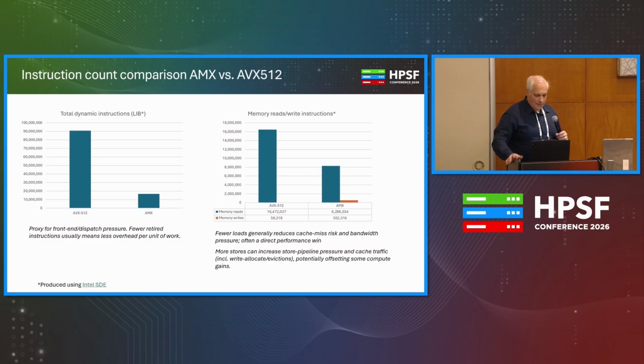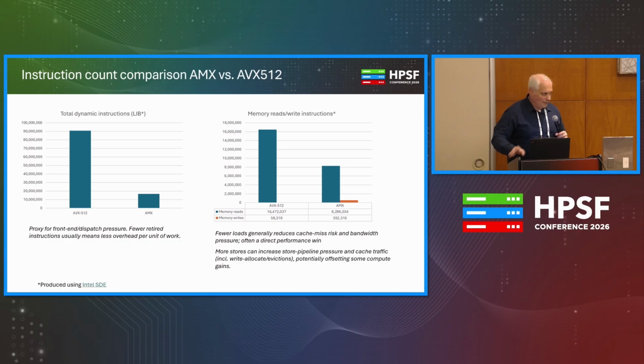Looking at the memory side, it's interesting. You're getting a lot less memory pressure here as well on AMX. You're going from about 16 million memory read instructions on AVX to about half of that on the AMX side. The one difference is that you do see more store pressure on AMX.